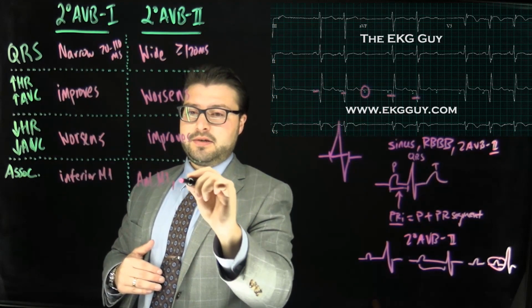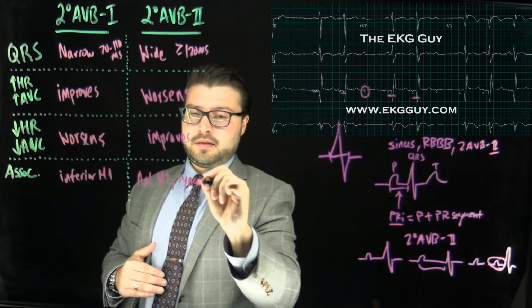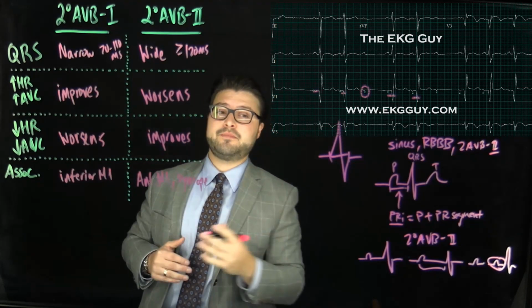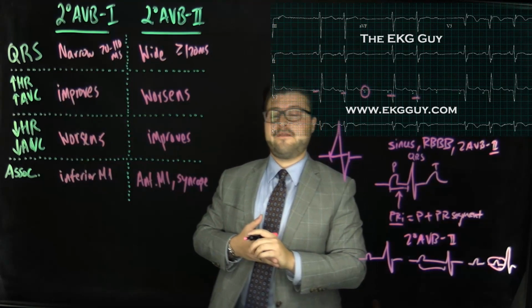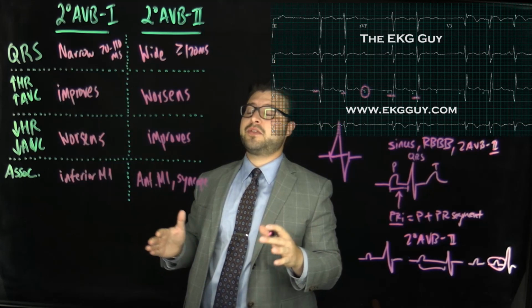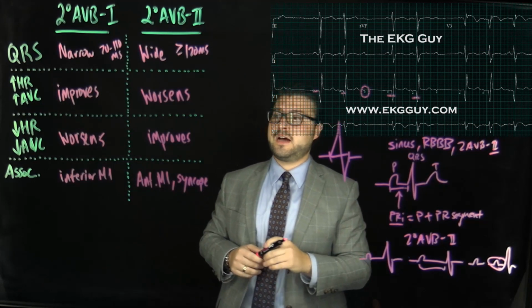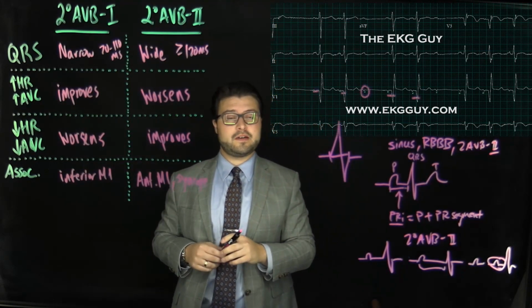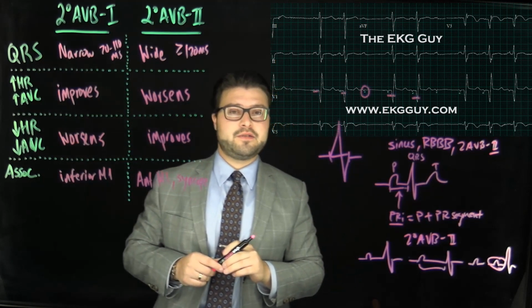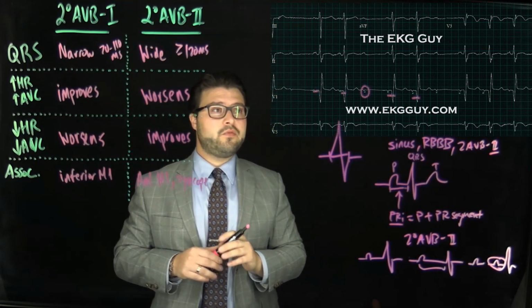These patients often present with syncope. So they're passing out from that lack of conduction through, and therefore minimizing the cardiac output they're getting to the rest of the body and perfusing their organs. So hopefully that makes sense.